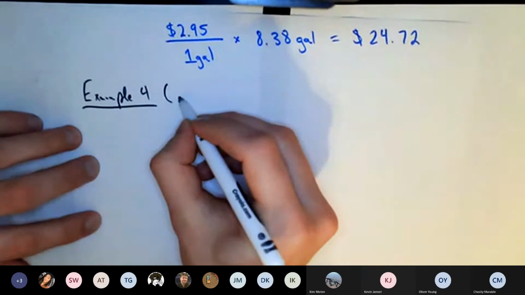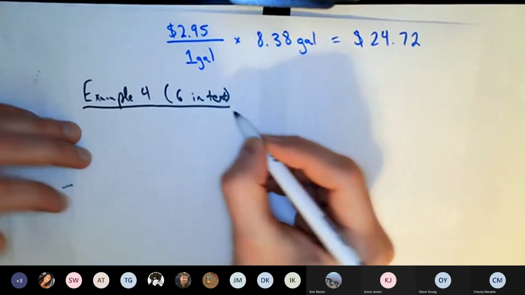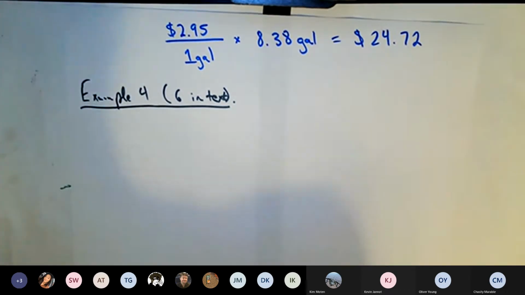So this is example 6 in the text. Just going a little bit out of order today.